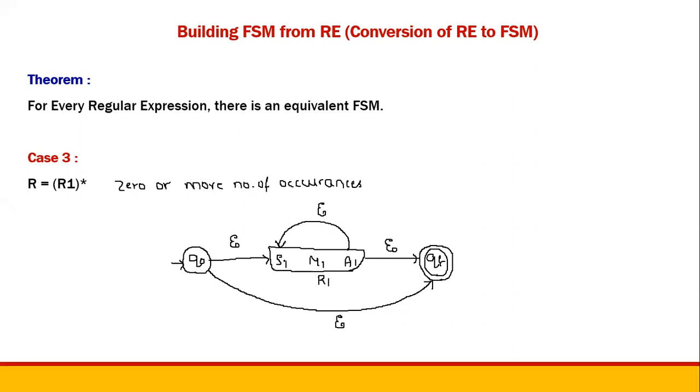This can be repeated any number of times, and then finally it can reach the final state. So this is the equivalent FSM for the Kleene star operation. This you should know.